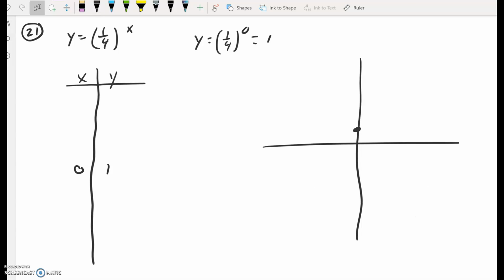That looks like this point right here. When I put in x equals 1, I get y equals 1/4 to the first power, which is 1/4. So that wasn't quite as exciting. I get a height down here smaller than 1/2. It's at 1/4. I'm going to do one more against my better judgment.